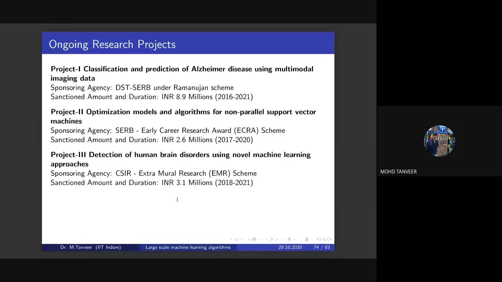This is under Ramanujan's team. Second is optimization models and algorithms for non-parallel SVM under the Early Career Research Award scheme. The third is detection of human brain disorders. It overlaps with the first one, but the focus is epilepsy, working only on epileptic patients by developing a machine learning approach.